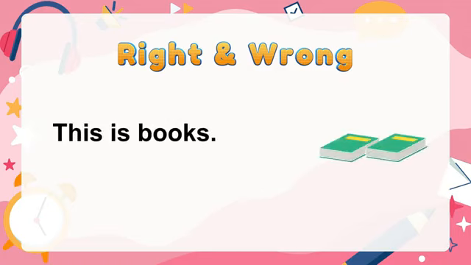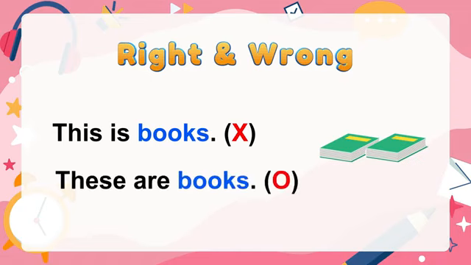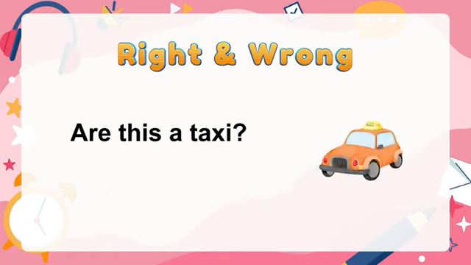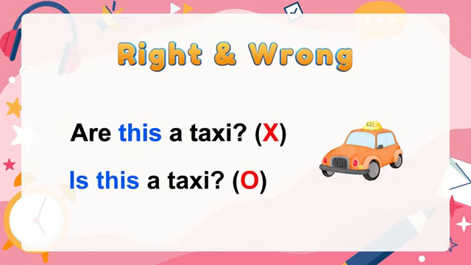This is books. Books is plural. We use these are with plural. These are books. Are this a taxi? This is one. We use is with the word this. Is this a taxi?